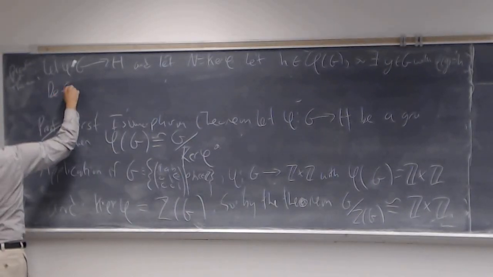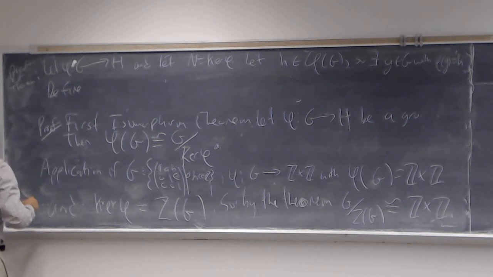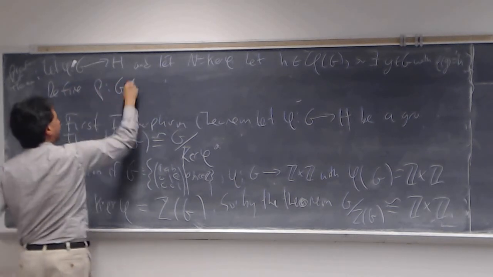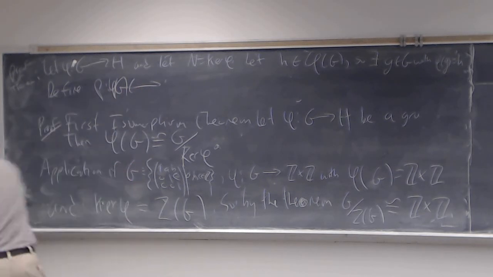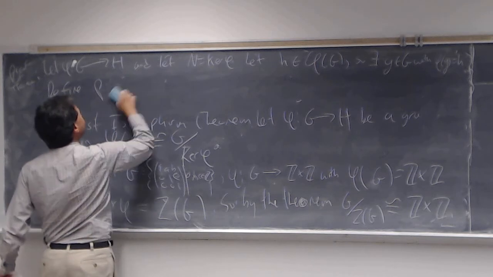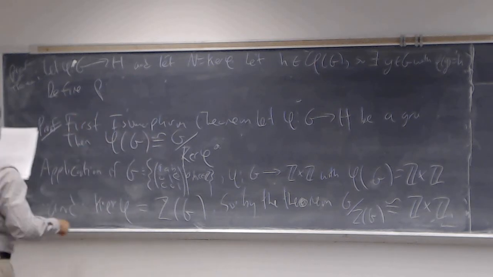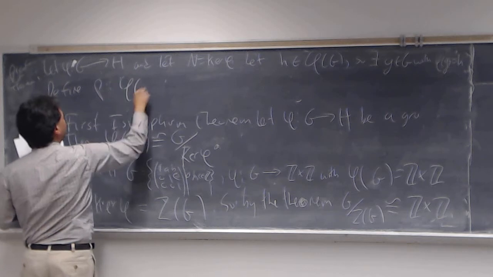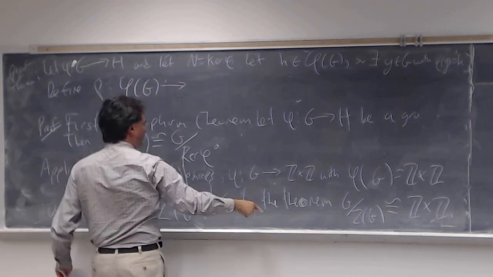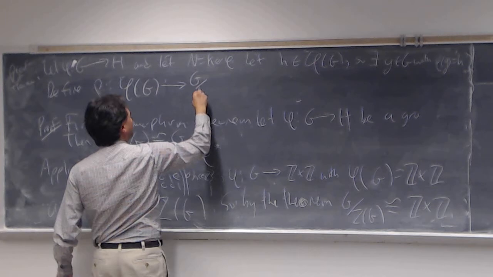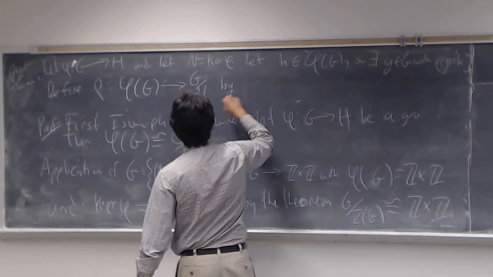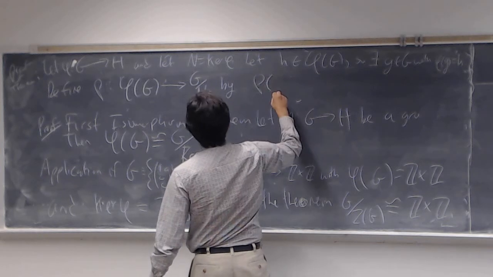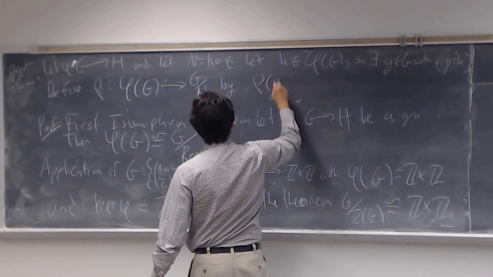We want to define a second mapping. I'll use rho again. Rho from phi of G to let's map it to this coset group, G mod the kernel, but I'll just write G mod N, so I don't have to write kernel, by rho of h. So what's a typical element of phi of G?